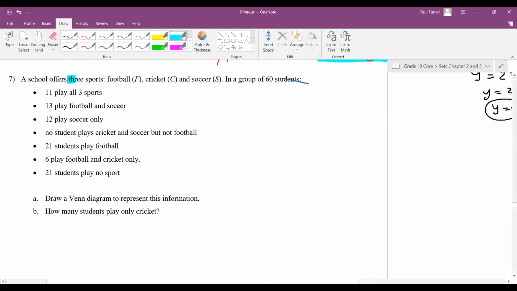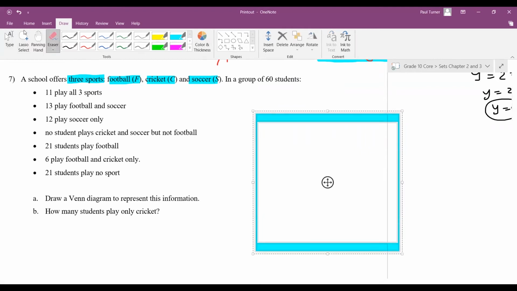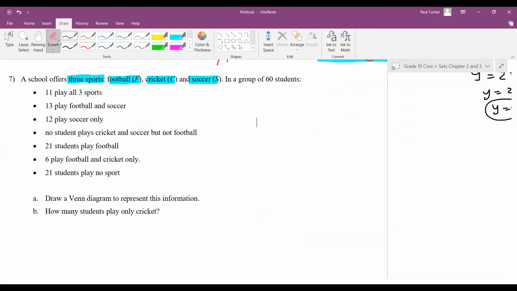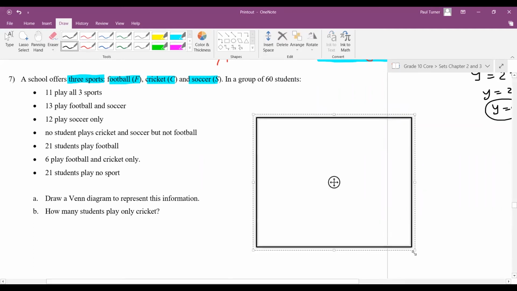Now you've got 3 sports. You got football, cricket, and soccer. So first thing to do is make up your diagram. I don't want it blue, do I? Let's use that. Okay, so make a square like that.